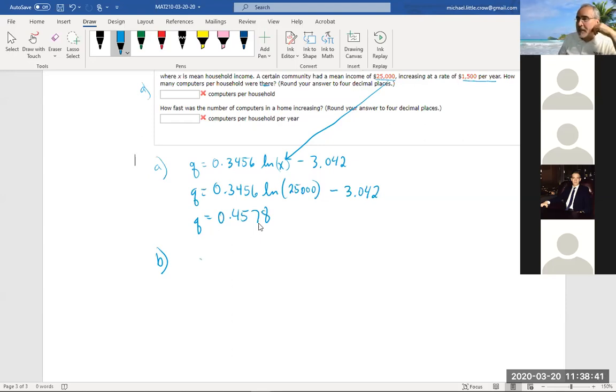So let me just write that down. Q equals 0.3456 natural log of X minus 3.042. We're going to take the derivative of everything.